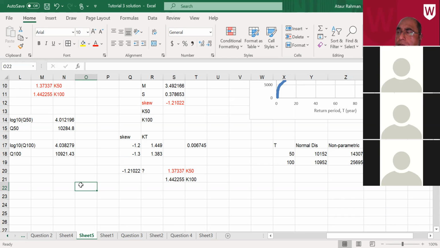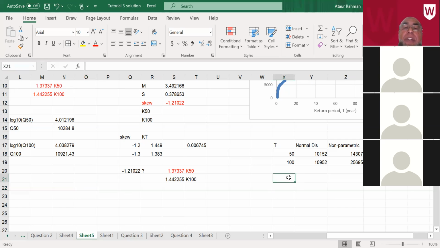The ARI given to us is 150, which is present in the LP3 chart. We could plug in skewness as 0, and the LP3 chart will give you the frequency factor for question 2. Instead of that, you can use the normal table as well. When skewness is 0 for LP3, it is at that point normal. So it saves a lot of time if you just use that chart.